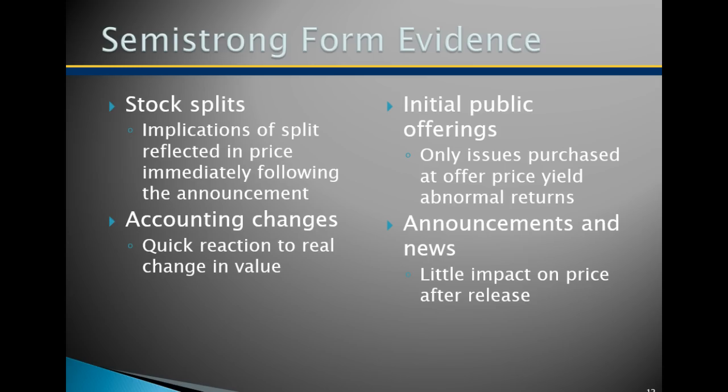That could be inside information. So if someone knows the stock's going to split and they can trade before that's announced, that would be proof that the semi-strong evidence works. Because we know that when a stock split is announced, stock prices go up because it's technically a confidence of the management in the company of the stock price continuing to move higher.